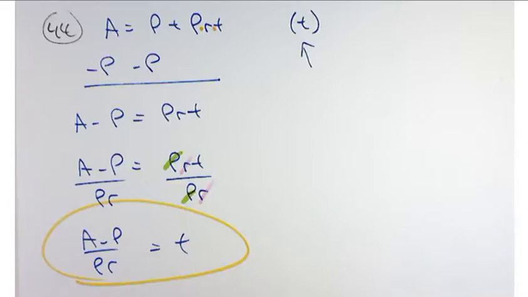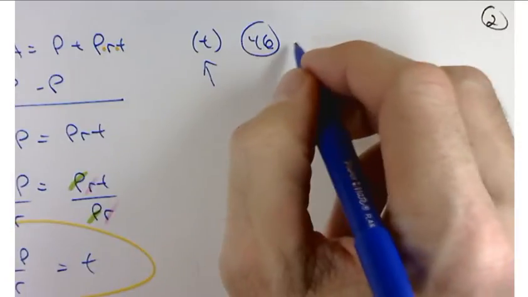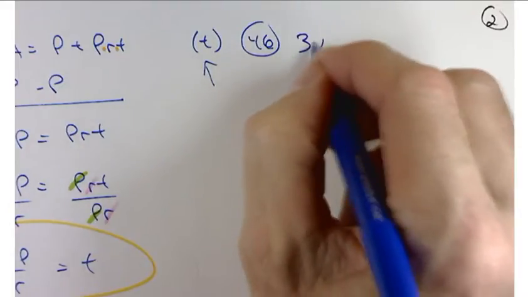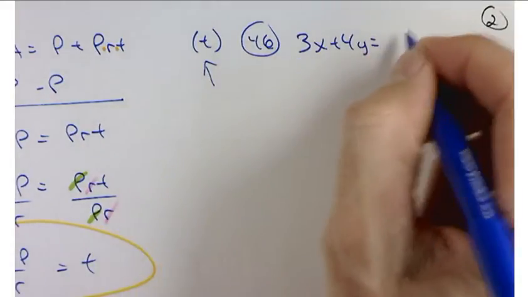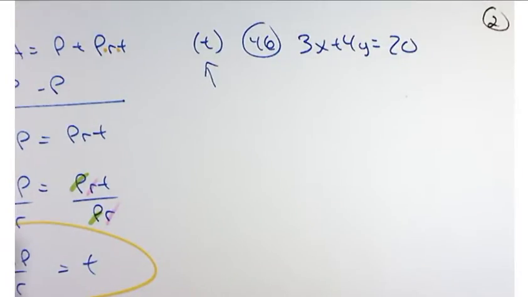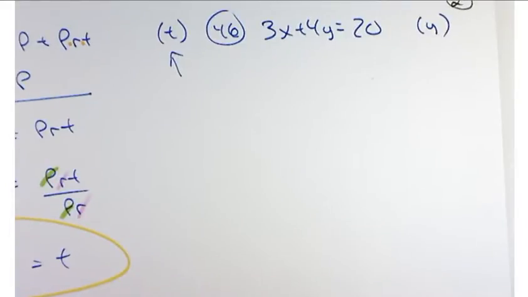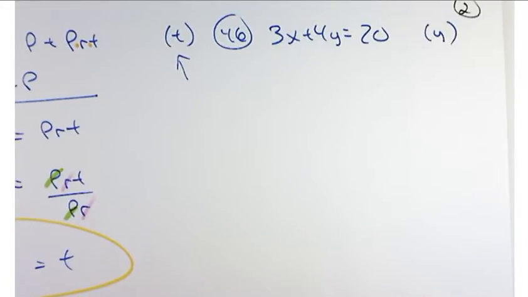Let's do a couple for you. So problem 46: 3x plus 4y equals 20. And the goal here is to solve for y. And then problem number, let's do 66.